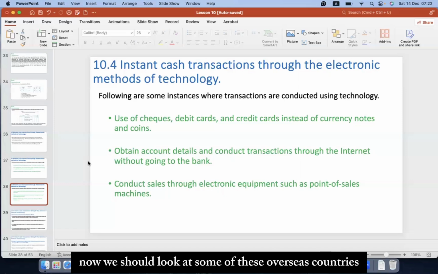Okay, now if you look at some of these overseas countries, today's phones are NFC enabled, no?